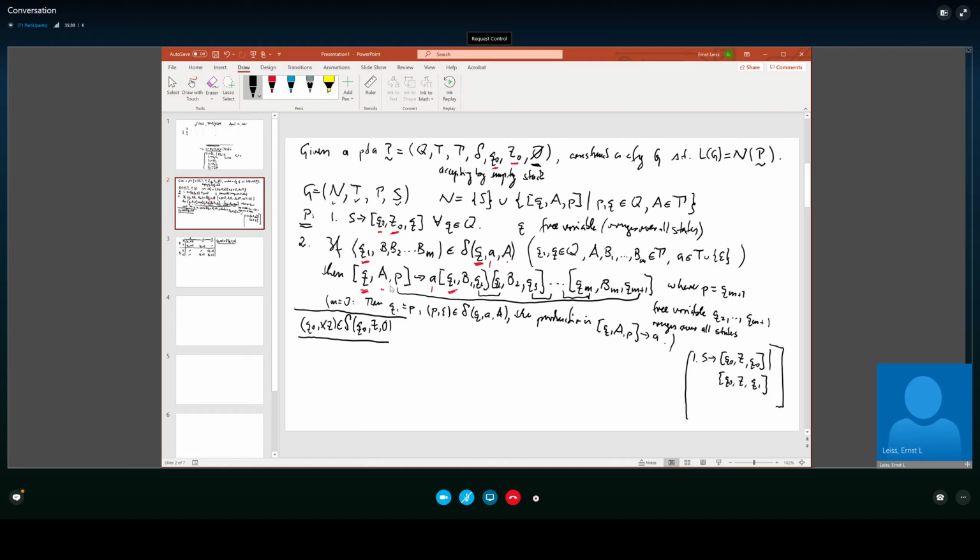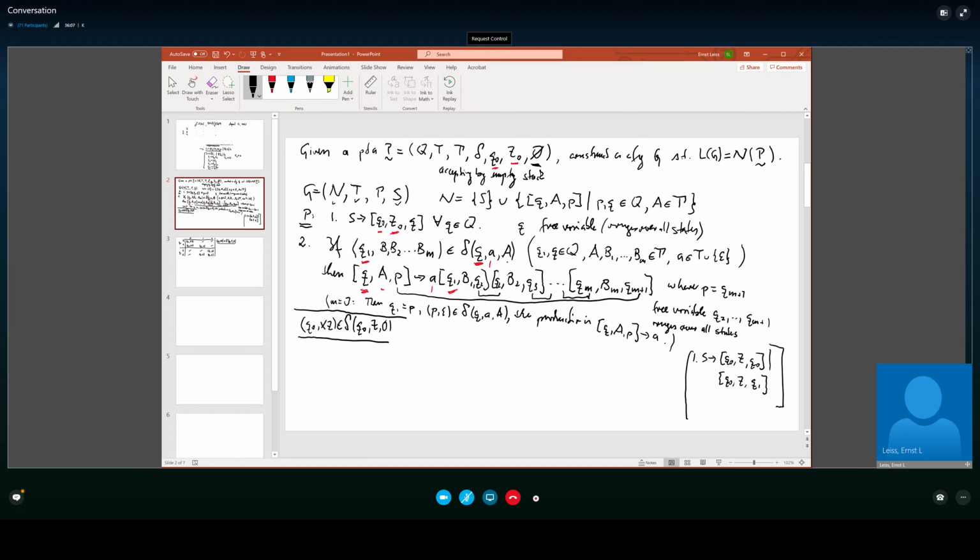Okay, we have P ranges over Q0 and Q1. This is the same deal that we have here. And then we have free variables Q2 and Q3. So that means we altogether get, because we have two states in Q, exactly 4 productions for this.